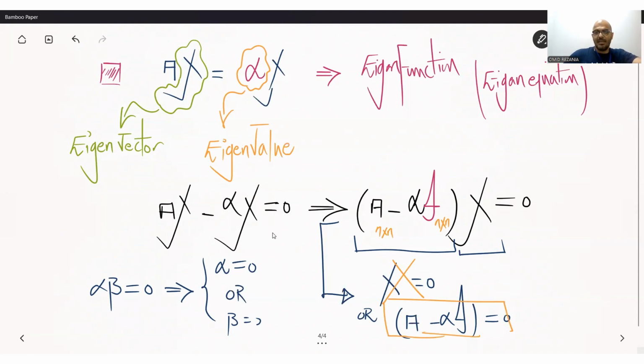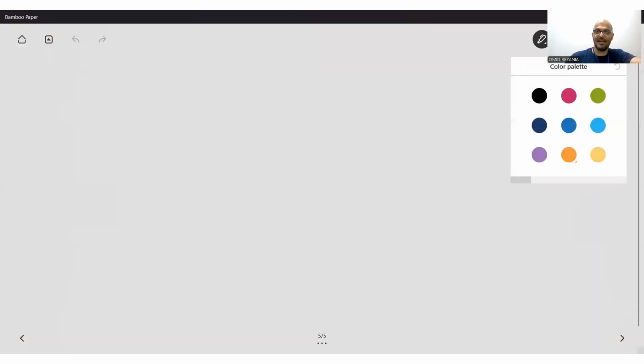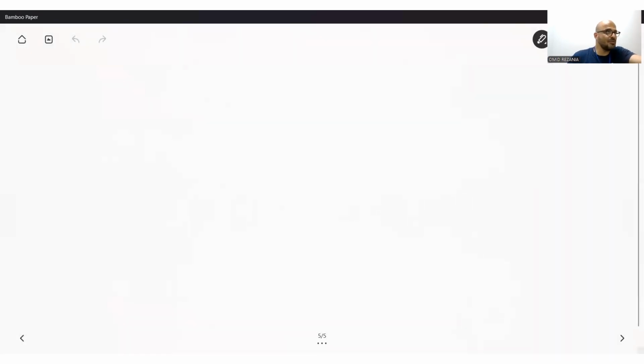Now, in terms of practicality, let's go to the next page. In order to find the x, I have to find this one: A, the matrix which I had, minus alpha times I. I know A is an n by n matrix.